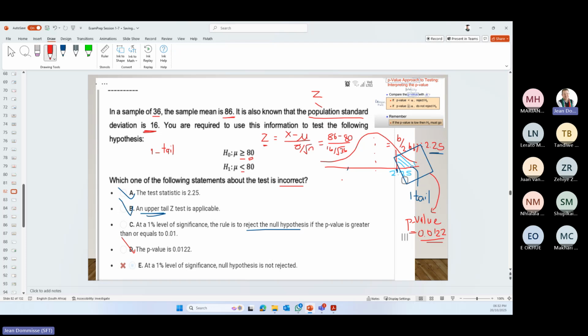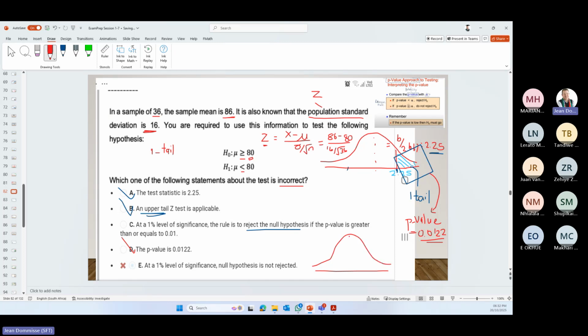If it was equal and not equal, we would have needed to add the lower tail component as well, which would have been 0,0122 times 2.